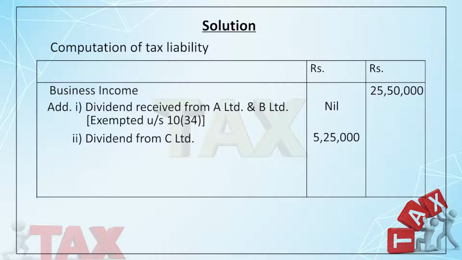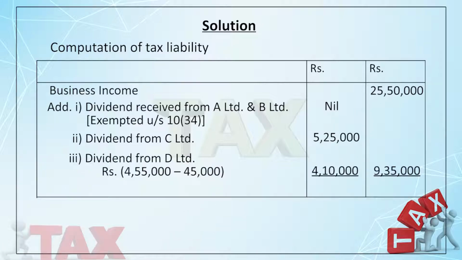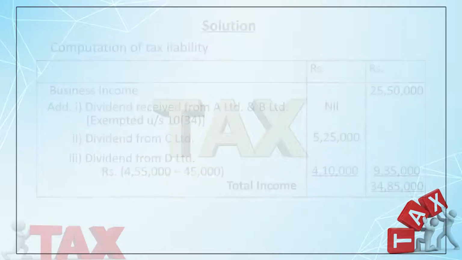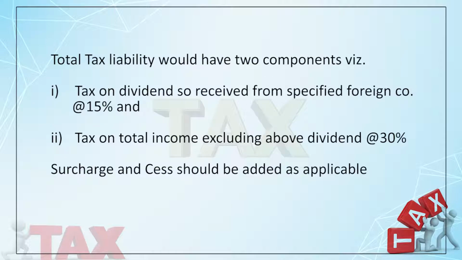Now, dividend from C Limited and dividend from D Limited. D Limited is not the specified foreign company, because the shareholding is less than the 26%. Okay. So, dividend from D Limited, the amount of expenditure should be deducted, and you will get the total income. Now, I have already told you that there are two components of tax liability.